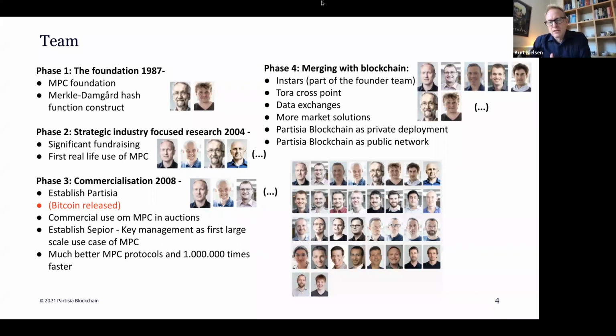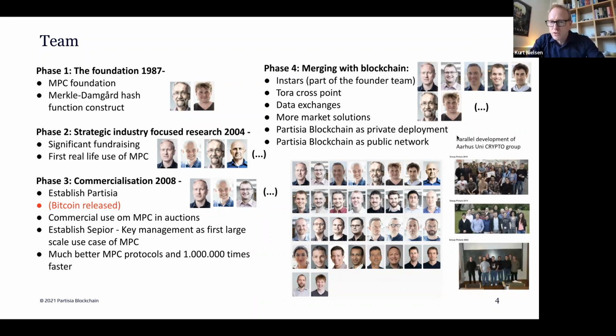There's been a separate and parallel involvement in academia, represented most prominently by Ivan, Jesper, and Claudio as co-founders here at Aarhus University, where the cryptographic group, the crypto group, is located. So here you can see a few pictures, and you can see how this group actually grew in parallel in this period.